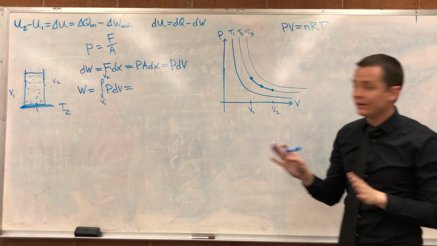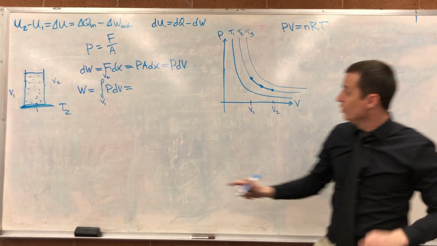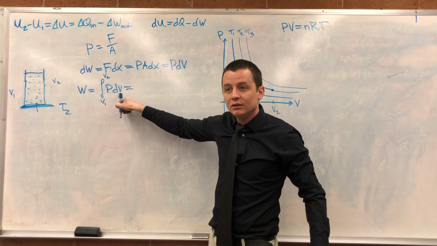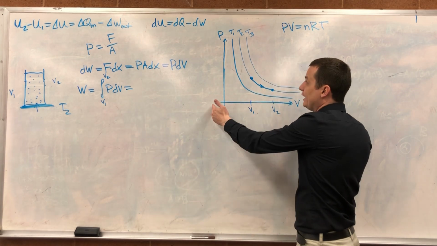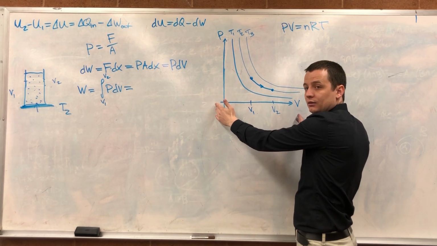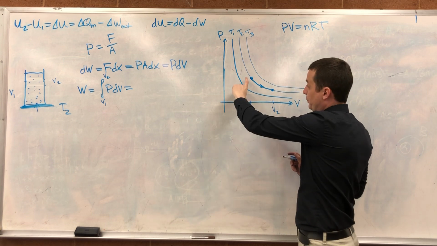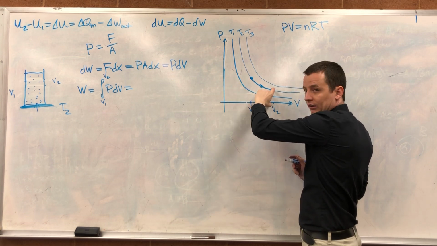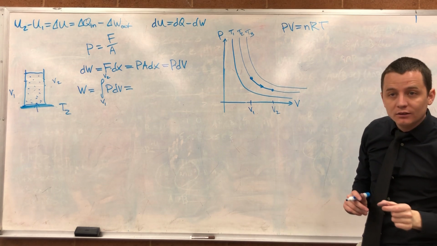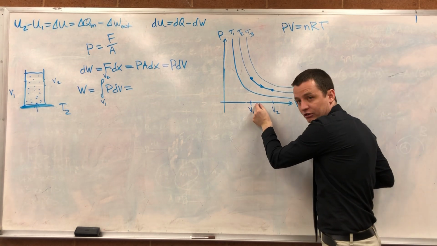But geometrically, let's think about this for a second. We have a P and a dV. Over here, what is P? Your Y. It's how high up you are. So my pressure at any point is how high up we are. What is my dV? It's an infinitesimal in this direction.